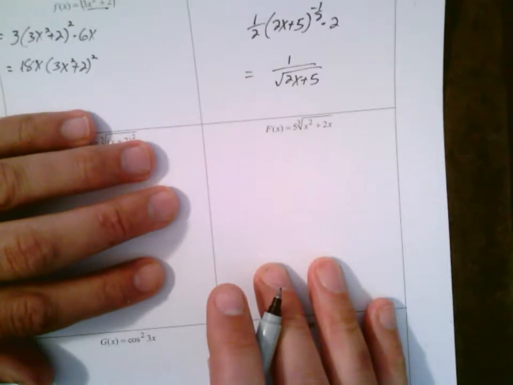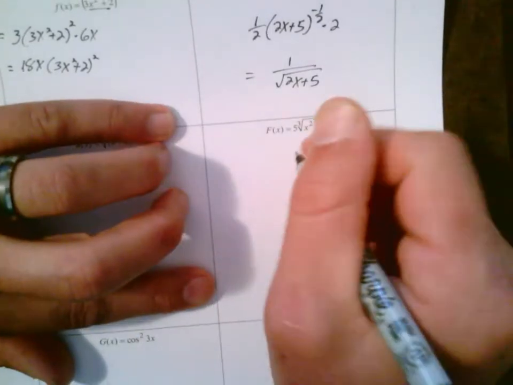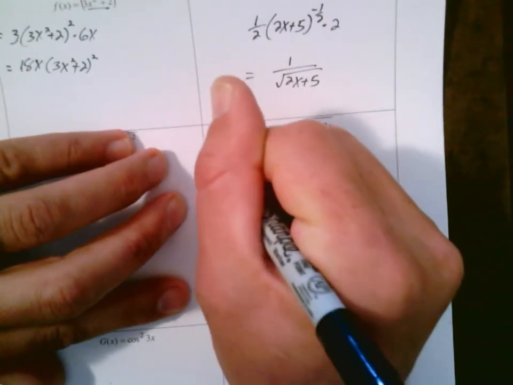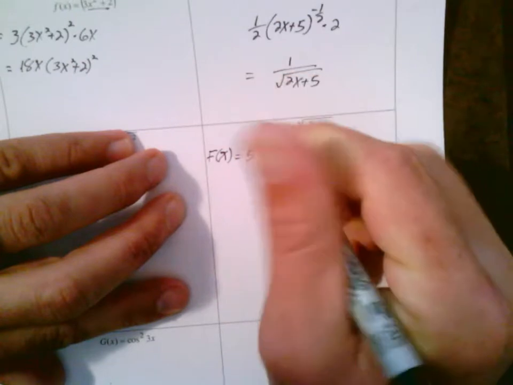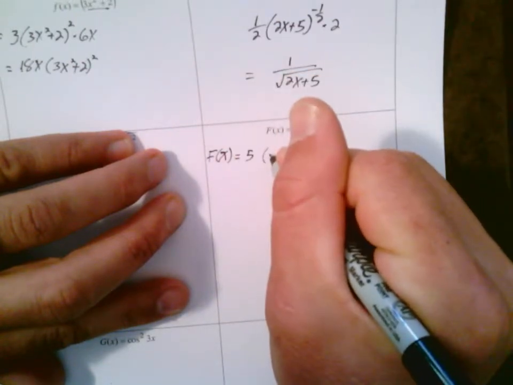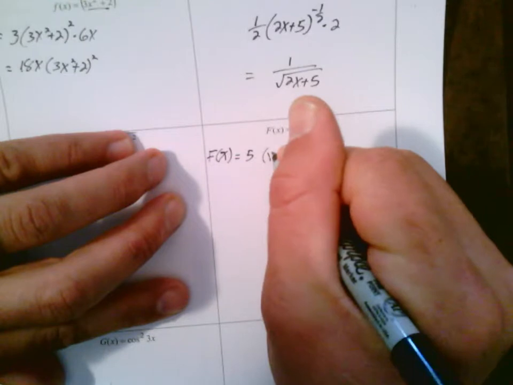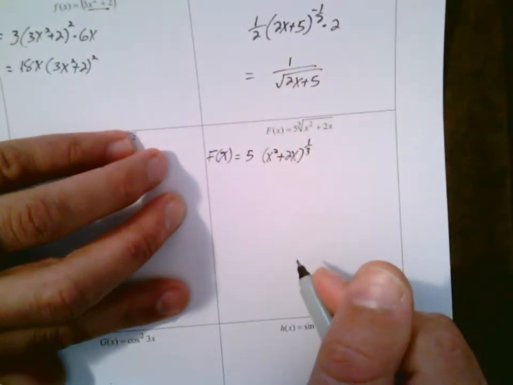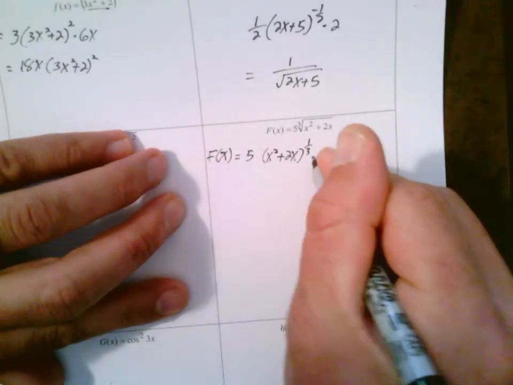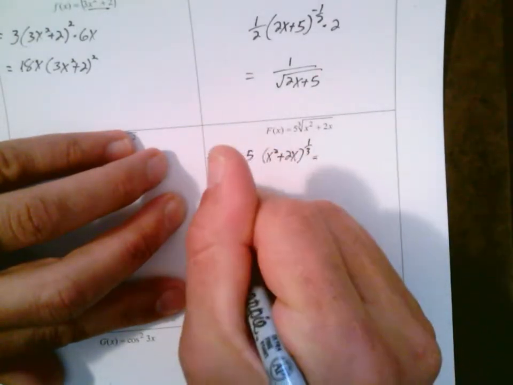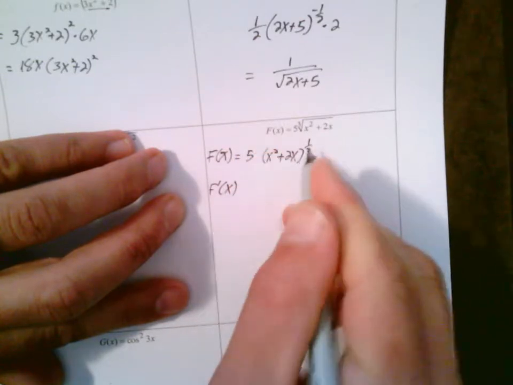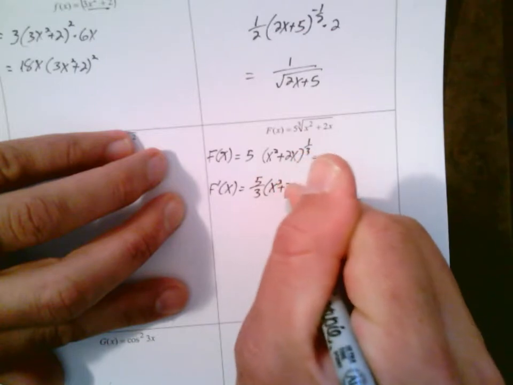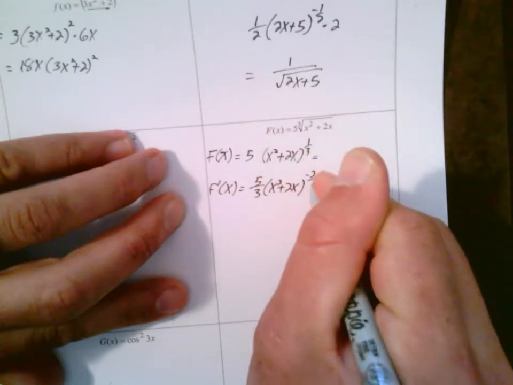Right, the next one. I'm going to bring this 5 out front and leave it alone to the end. X squared plus 2x to the 1/3. Taking the derivative of the outside, I get 5/3 x squared plus 2x, negative 2/3.